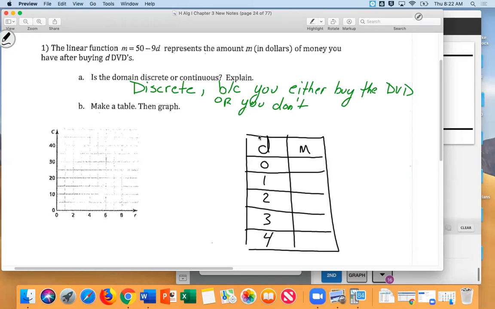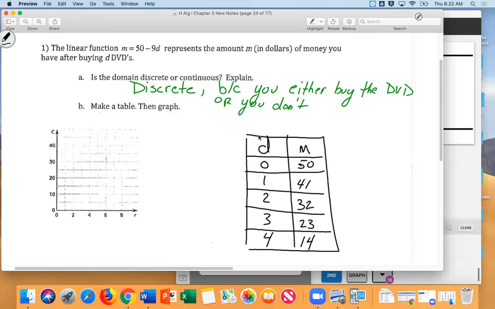Because that's what my table has. Now, if I buy 0 DVDs, well, 50 minus 9 times 0, that's $50. So I have my $50. If I buy 1 DVD, I'd have $41. 2, I would have 32. 3, I would have 23. And if I bought 4, I would have $14.